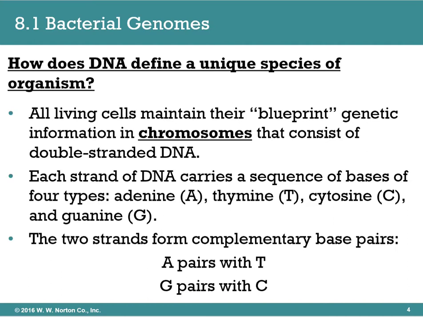DNA has several different types of bases: adenine, thymine, cytosine, and guanine. These make up the base pairs of the DNA as well as RNA, minus T. Thymine is not found in RNA, uracil is. But we'll talk more about that a little bit later on in the lecture.